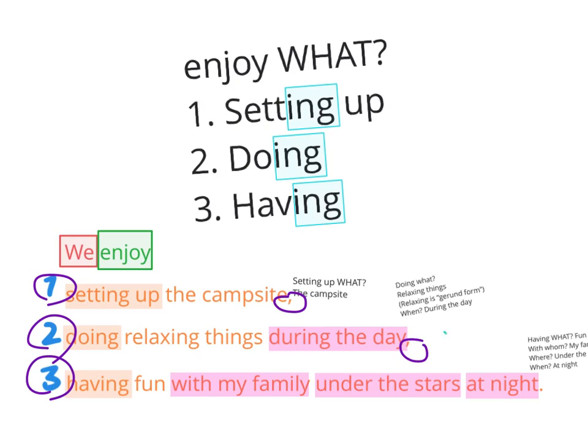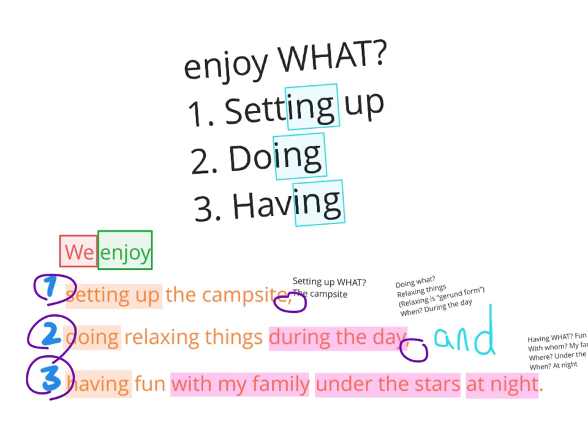So the word and should go right here after the second group. And then our sentence says, we enjoy setting up the campsite, doing relaxing things during the day, and having fun with my family under the stars at night.